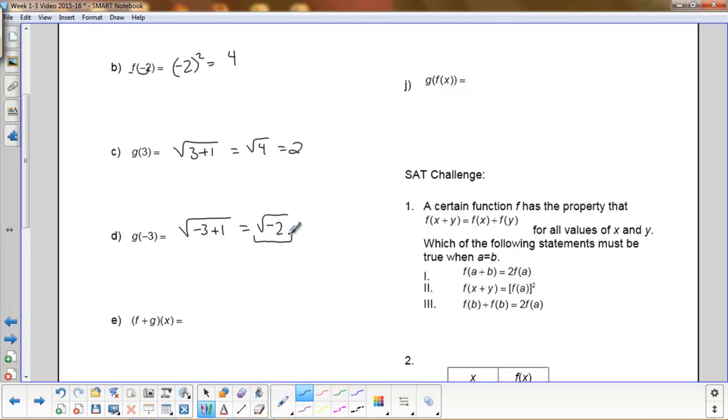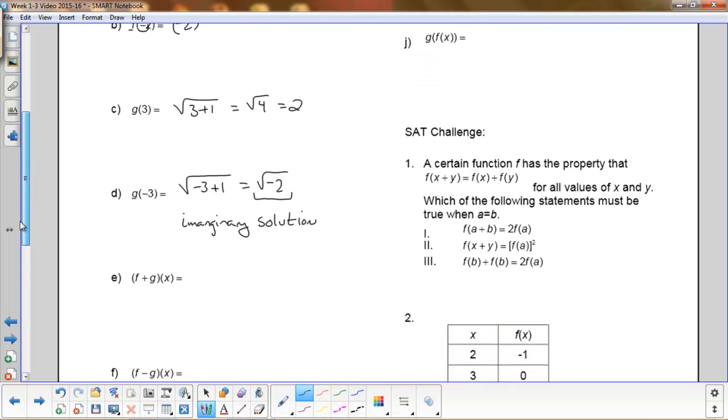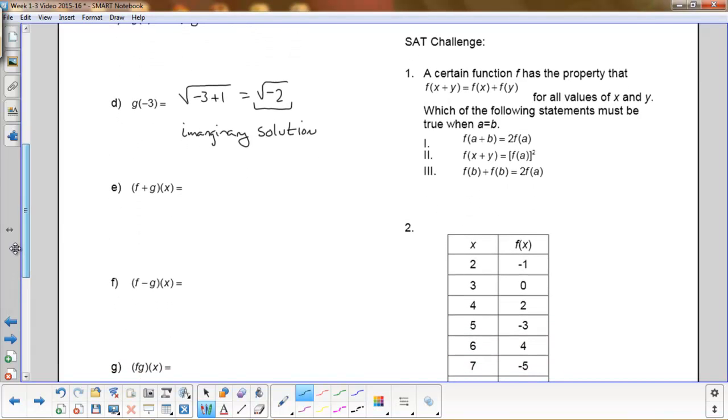When we get into the quadratics unit, you will learn of something called an imaginary number. So this is an imaginary solution, and we will leave it at that at this point. Later on we will discuss this and talk more about what imaginary solutions look like and how we actually solve them. Back into our operations here, we're going to go ahead and add these two together.